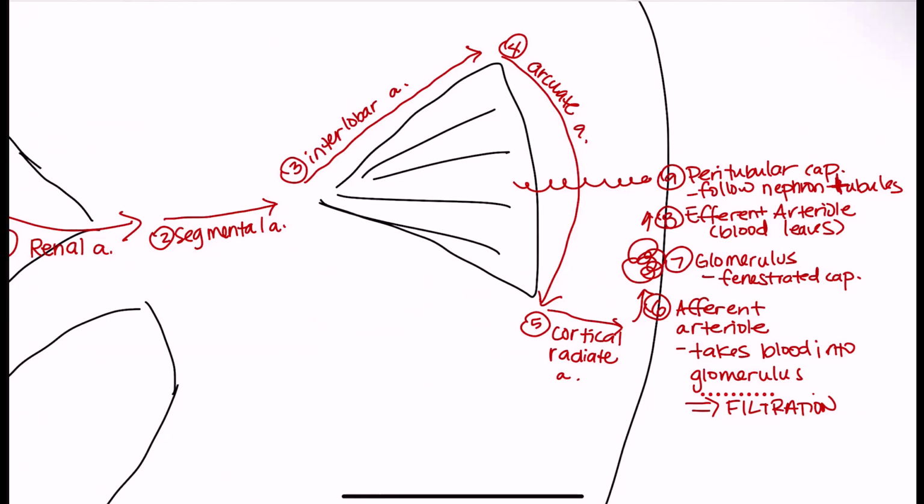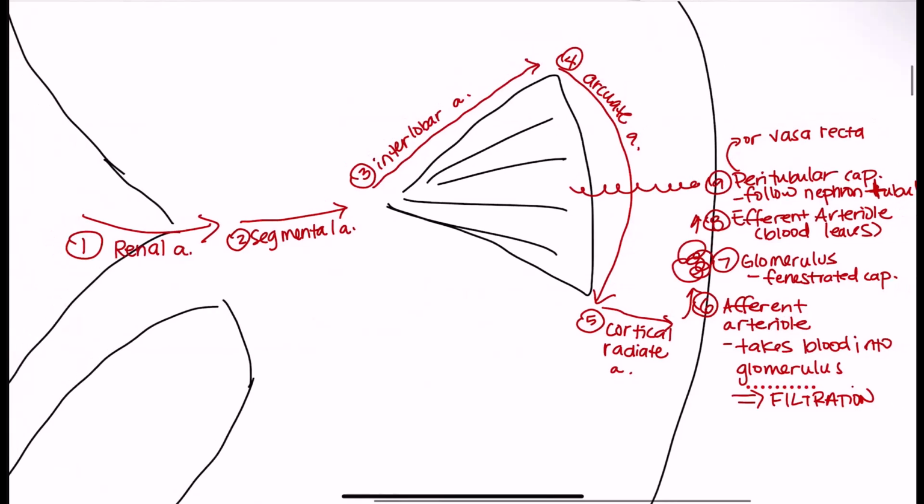We have peritubular capillaries that follow those nephron tubules, but a special type of peritubular capillaries can be called vasa recta. Vasa recta are specialized peritubular capillaries that dig deep into the medulla. I'll show you a picture of that, but that's within that nephron loop. I'll show you some pictures of that in just a sec.